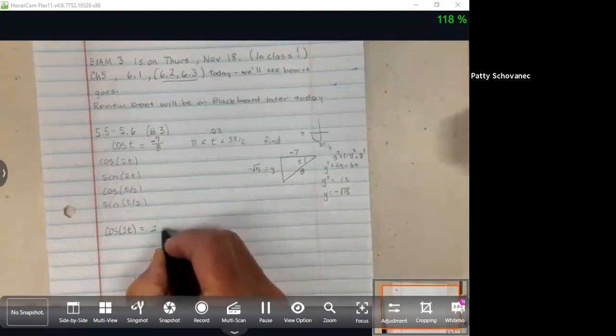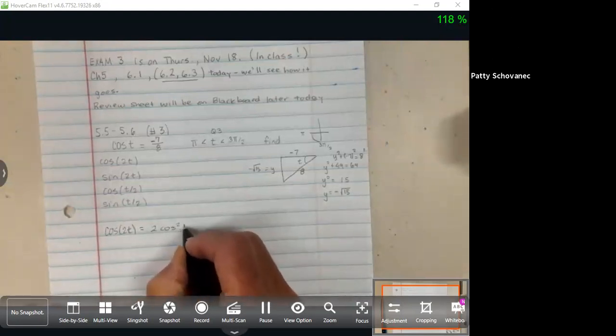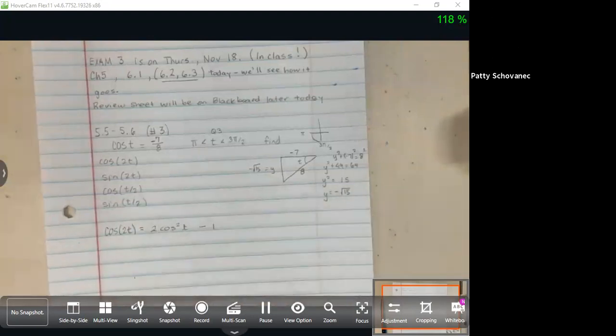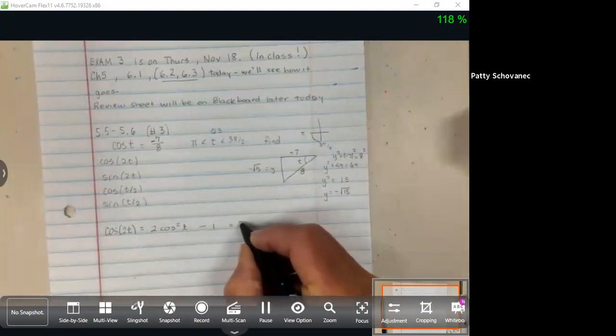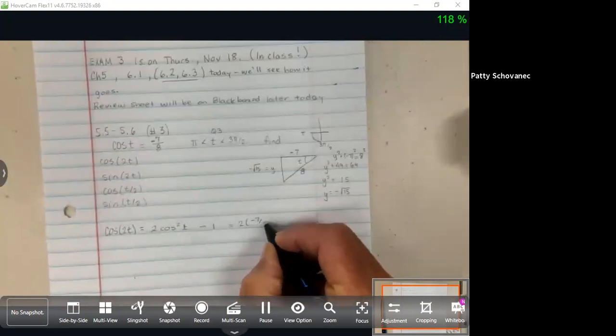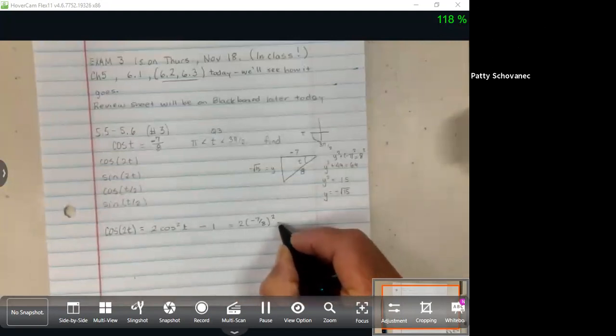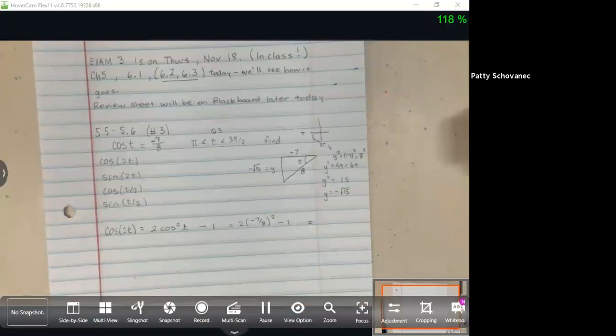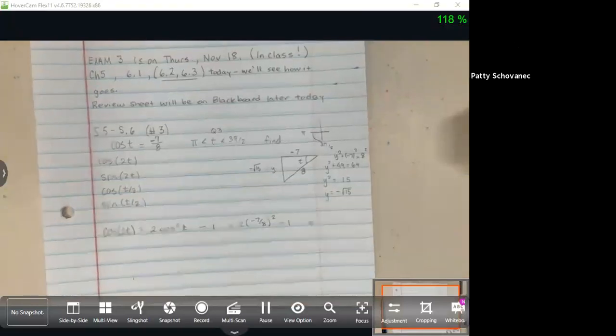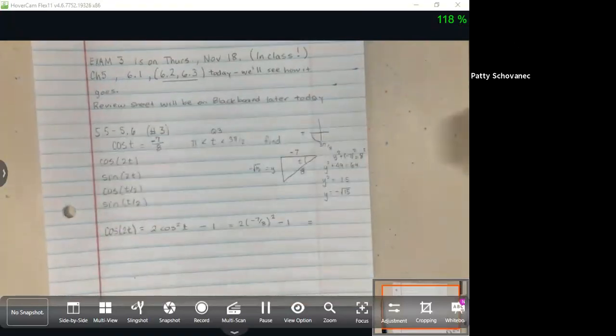And it's 2 times cosine squared of the single angle minus 1. And so we've got the cosine of the single angle as -7/8. We'll just fill that in here, square it, multiply by 2, subtract 1, boom, we're done. So 2 times -7/8 squared minus 1. 7/8 squared is 49/64.